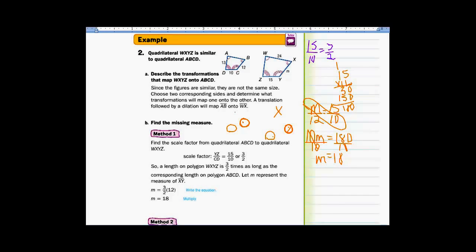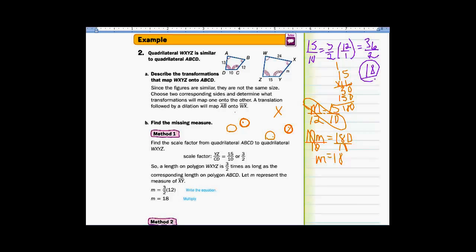And then I know that this is going to be 3 over 2 times this, if you wish to do it that way. All right, which would be 36 over 2, which is in fact still 18. So the answer stays the same.